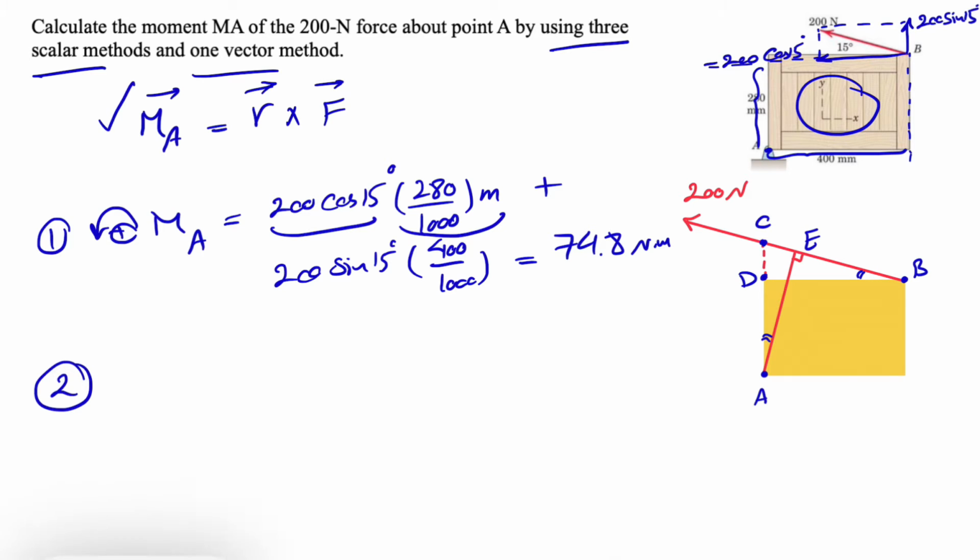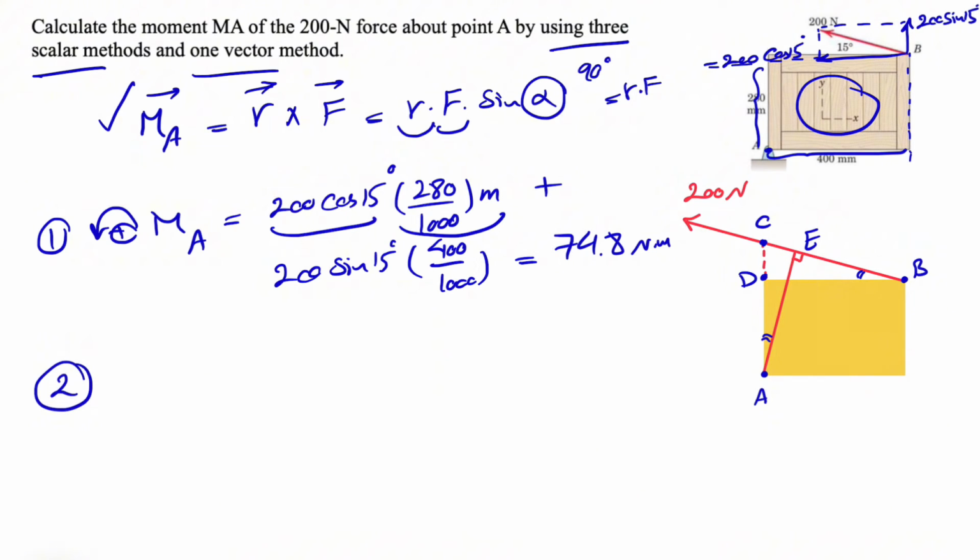Another way to find the moment is that we know that moment is, actually I wrote it in here, r cross F, which is r F sine of alpha, where alpha is the angle between r and F. When alpha is 90 degrees, the sine of 90 degrees would be 1, so basically we have r times F. But we have to find the vertical or perpendicular distance from the point that we are trying to take the moment about, which is A, to the line of action of the force, which is what we can see here, the red force.